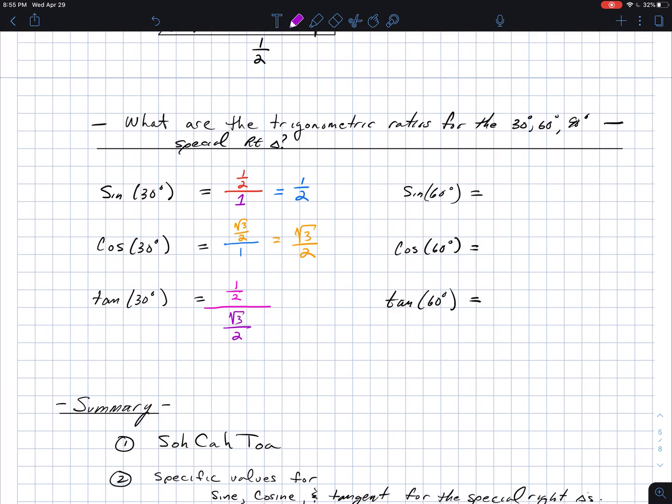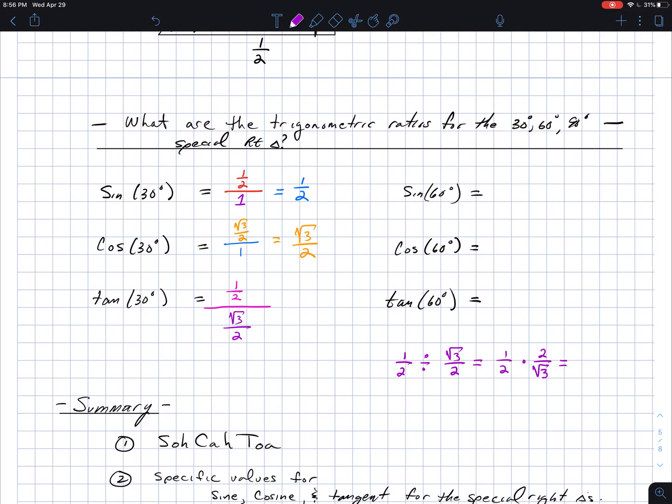So let's do the calculation out, okay? Let's do it out right over here, and then I'm going to delete a little bit of this to make a little more room. So what we have here is 1/2 divided by the square root of 3 over 2. That tells us that it's 1/2 times 2 over root 3.